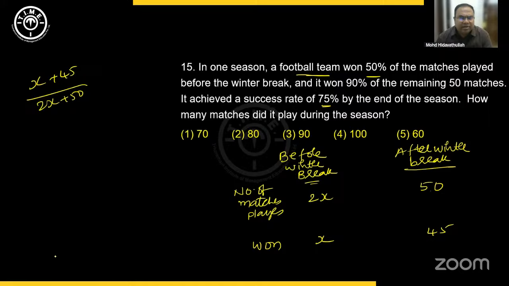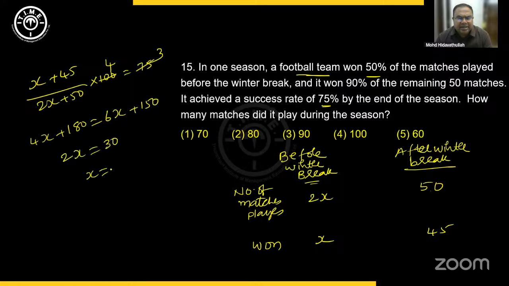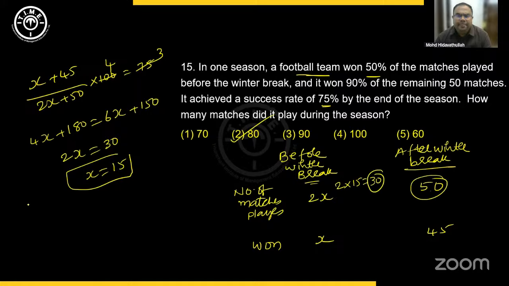It must be equal to 75. 25 threes, 25 fours. 4x plus 180 is equal to 6x plus 150. I'll get 2x is equal to 30, x is equal to 15. Total matches played during the season: 2x is 2 into 15, 30. 30 before the break, 50 after the break. So total matches played is 80.